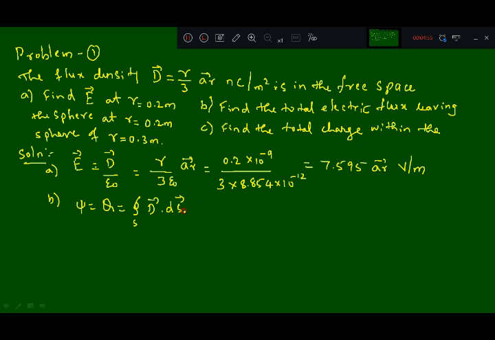This is the Gauss law formula. So what is ds? This is a sphere, so ds is r square sin theta d theta d phi. You know this from the previous classes.